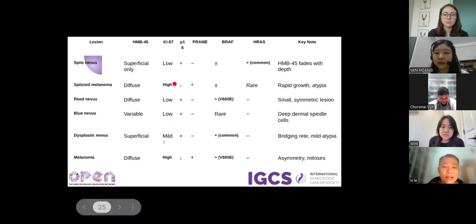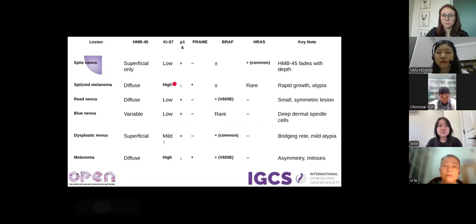Can you tell a cutoff, what proportion we could say the Ki67 is high or low? For example, if I have a Ki67 rate of about 30%, is it high or low?